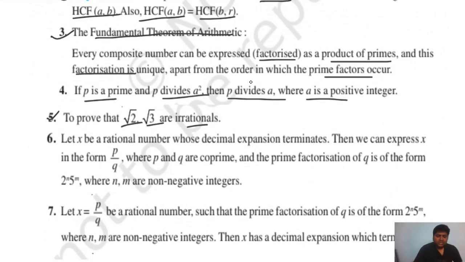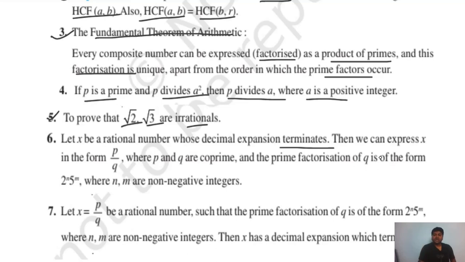Next, let x be a rational number whose decimal expansion terminates. We know that rational numbers can be represented in decimal expansion, and we get two cases here: one is terminating, another is non-terminating but recurring.